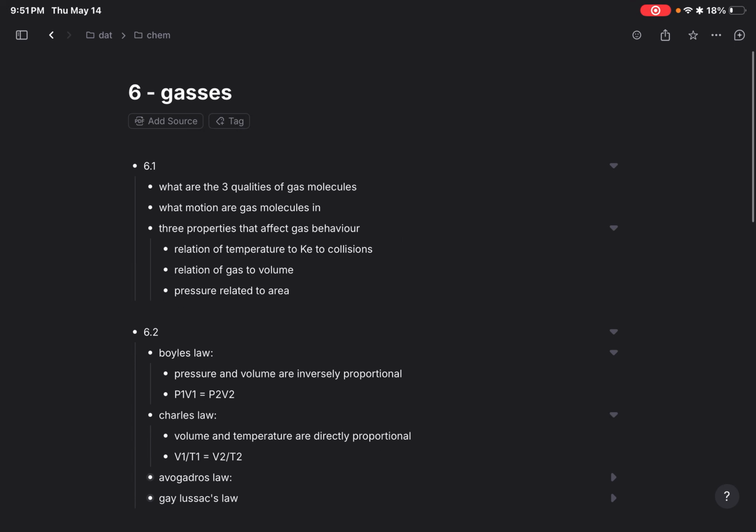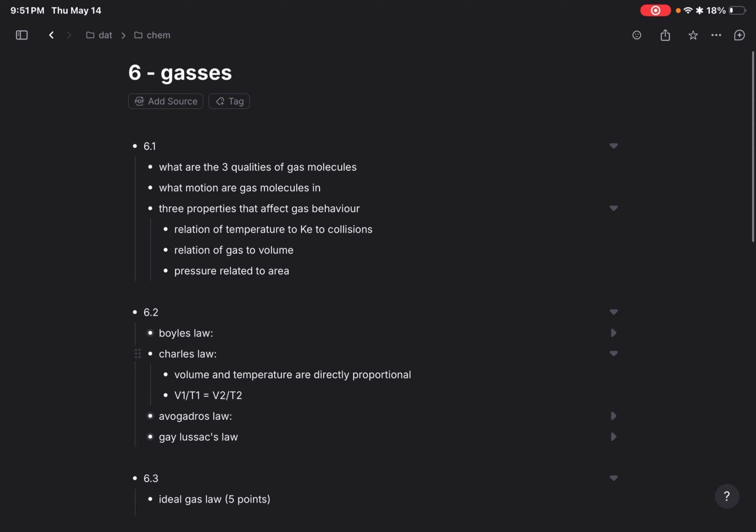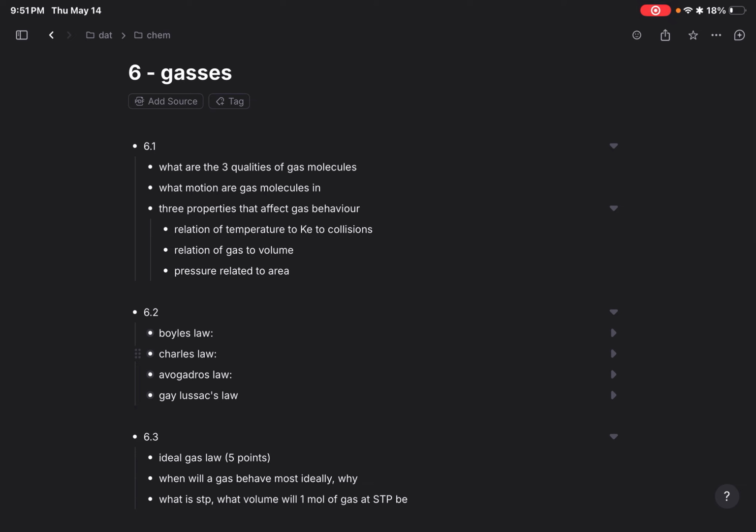Okay, Boyle's law. Let me just block these so I remember. Boyle's law is P1V1 equals P2V2, so pressure and volume are inversely proportional. Charles' law is temperature is inversely proportional to volume. So if you have higher temperature, you're going to have lower volume.